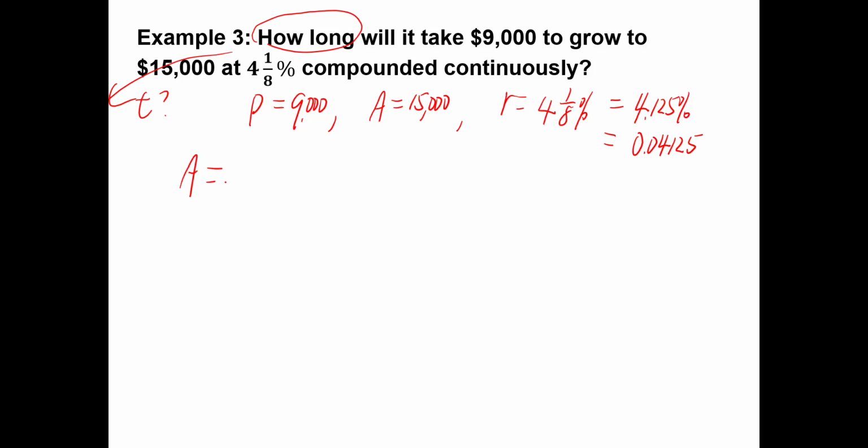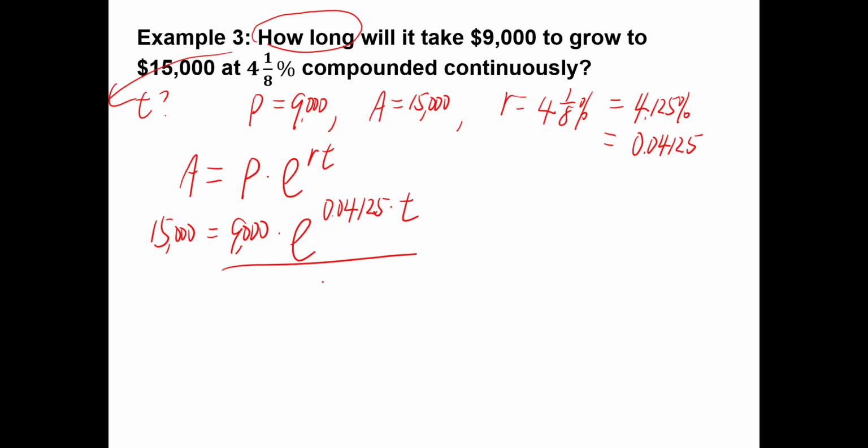So A equals principal times e raised to rt. We solve for time t. Ending balance 15,000 equals 9,000 times e to the 0.04125 times t. So step 1, we isolate the variable term by dividing 9,000 from both sides of the equation.